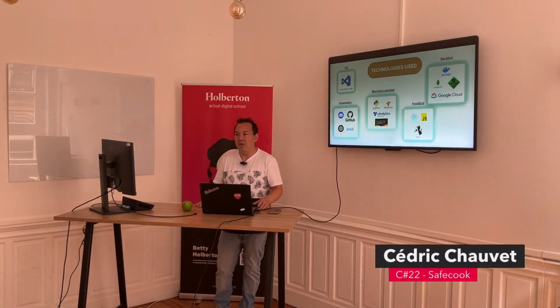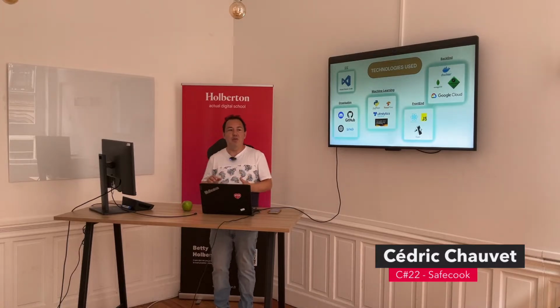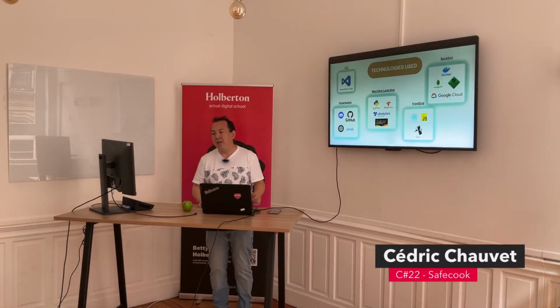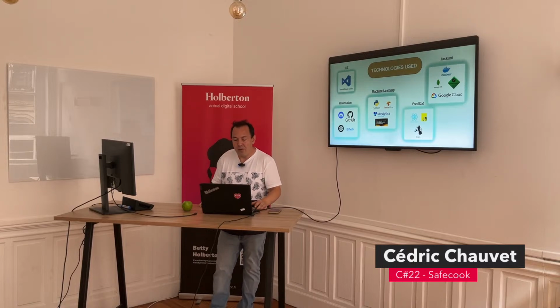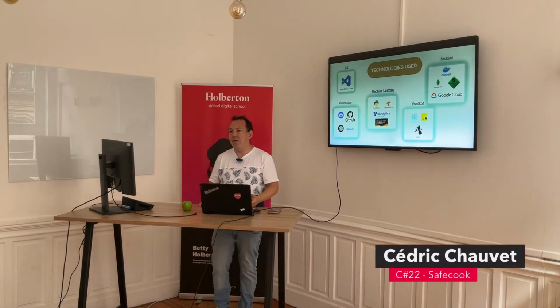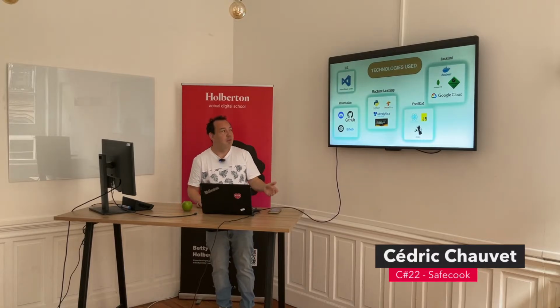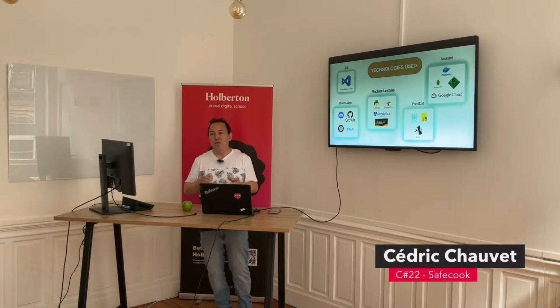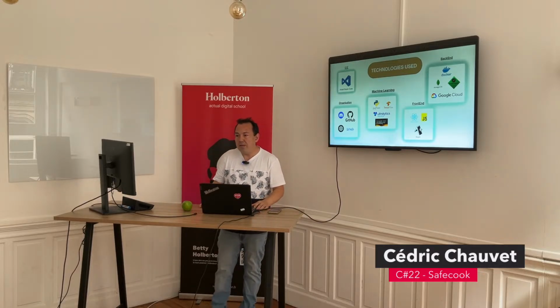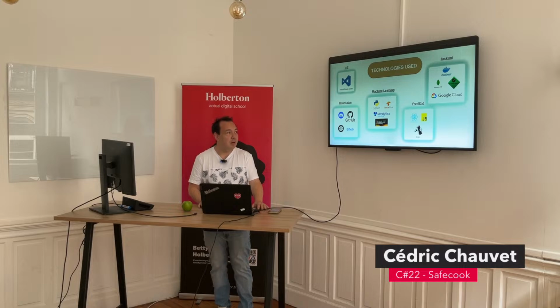GitHub for the versioning, which is mandatory at Alberton. Using Trello to make a timeline, we can see the timeline next. ChatGPT, which helped me a lot. For the machine learning part, it's essentially based on the Python language. TensorBoard, which is a submodule of TensorFlow. Ultralytics, which is the module for YOLO, so you can use YOLO with this module. And for handmade annotation, I use a website called Computer Vision Annotation Tool.